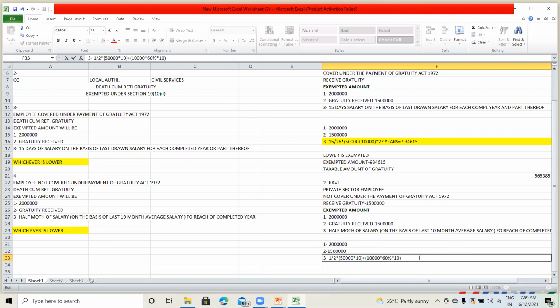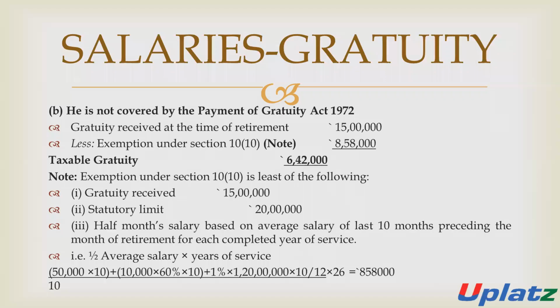And the amount of commission, 1% of 1 crore 20 lakh, for the 10-month average salary.